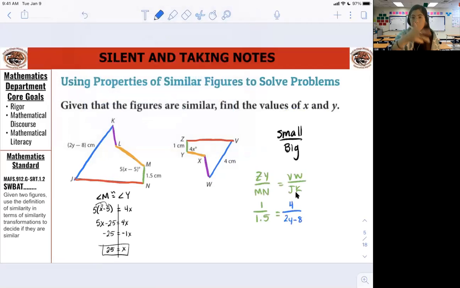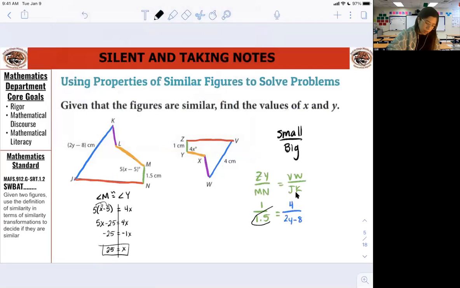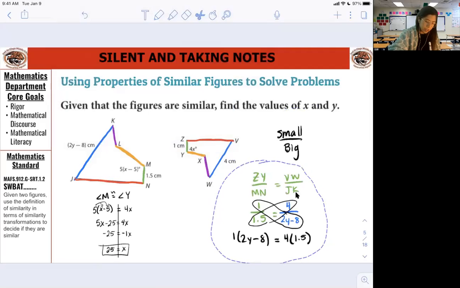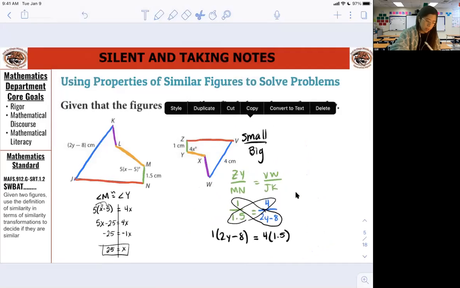So that's the proportion we get. When I cross multiply, I get 1 times 2y minus 8, and then 4 times 1.5. Miss, it doesn't matter which equation you put first, right? Nope, doesn't matter since it's multiplication. Now that's when I do small over big.